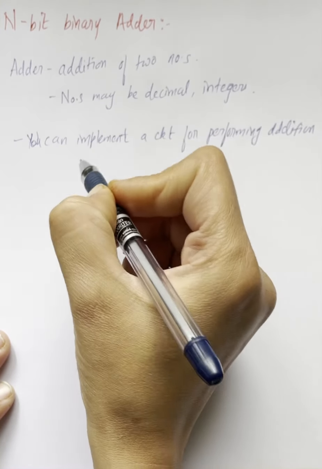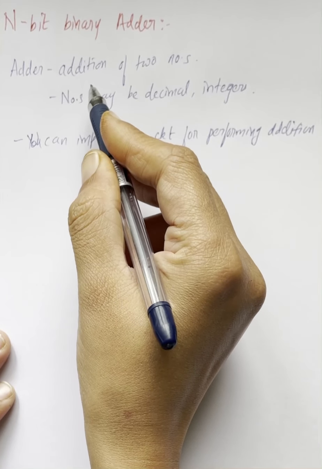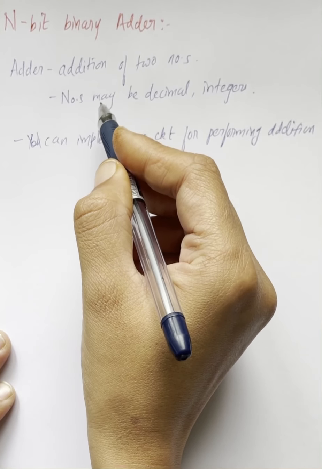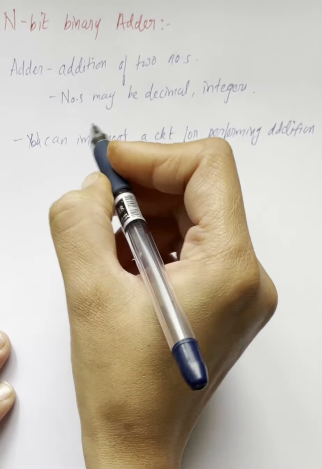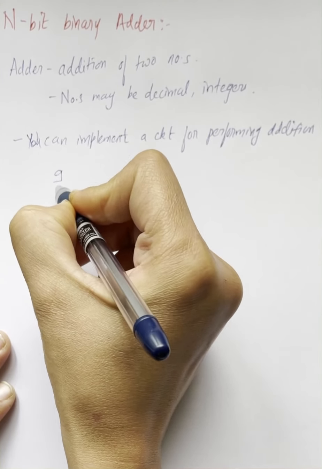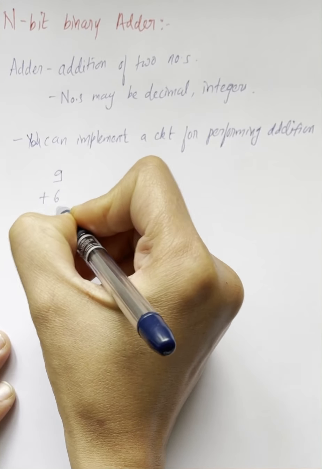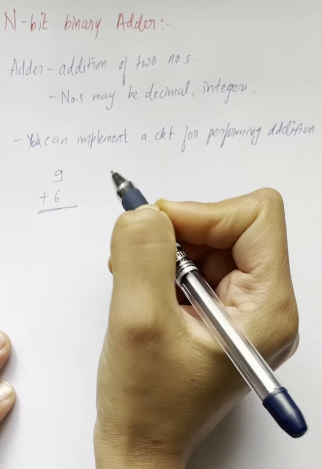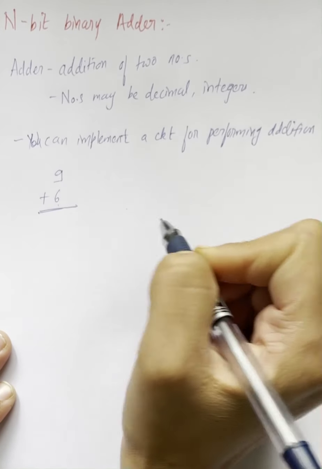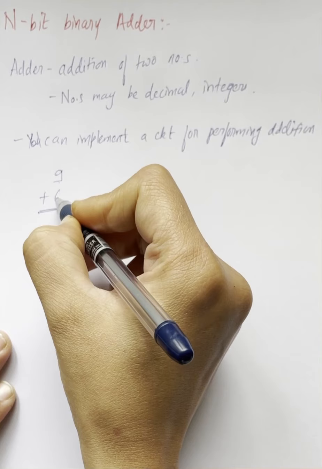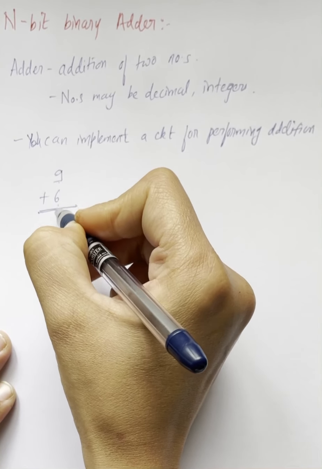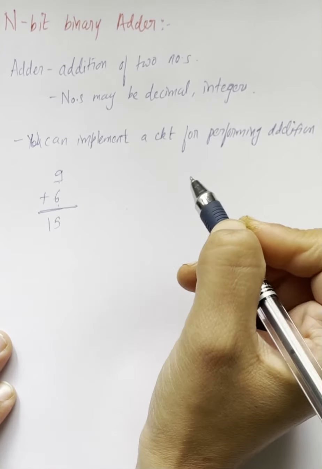Since in digital electronics we deal with only binary numbers, for example, if I want to add 9 plus 6, these are decimal numbers, or we can say integer numbers. So basically we can add these two numbers directly, and we'll get the output as 15, right?